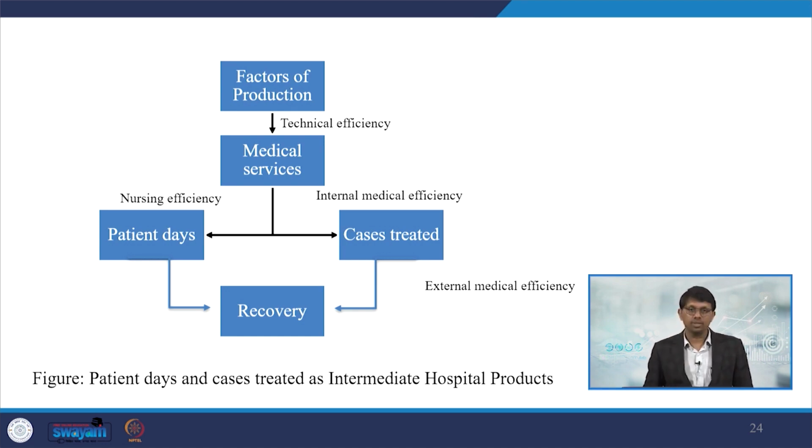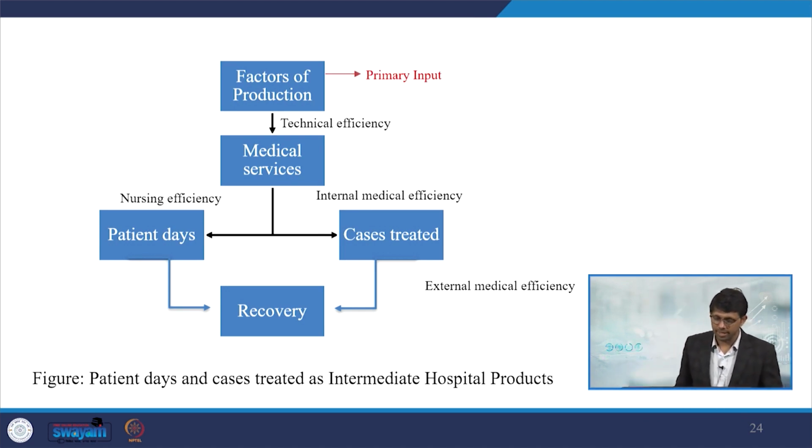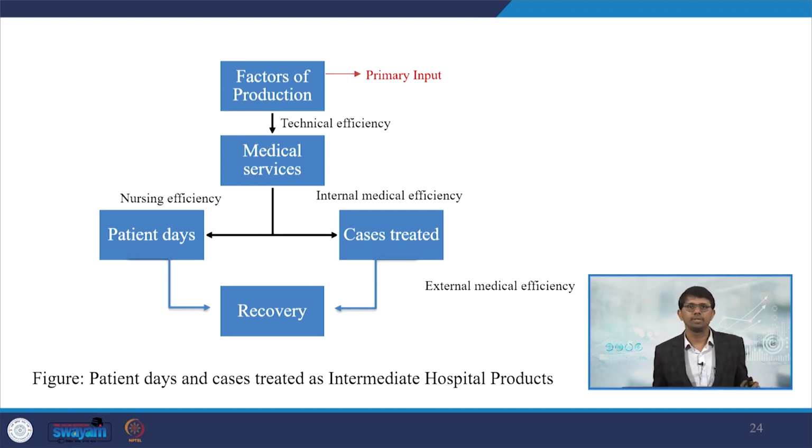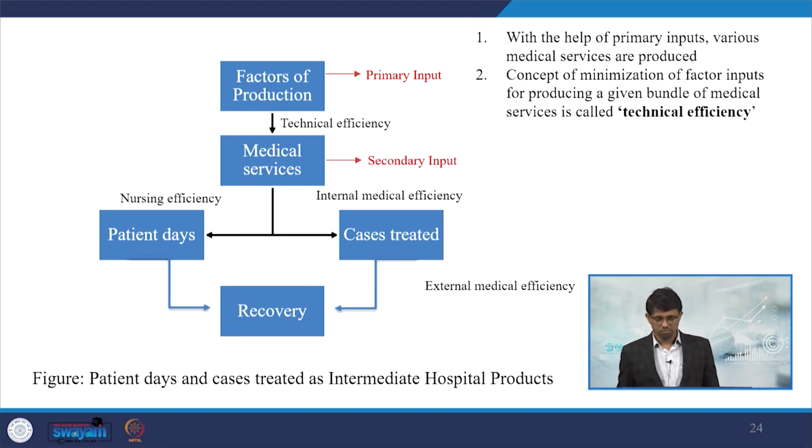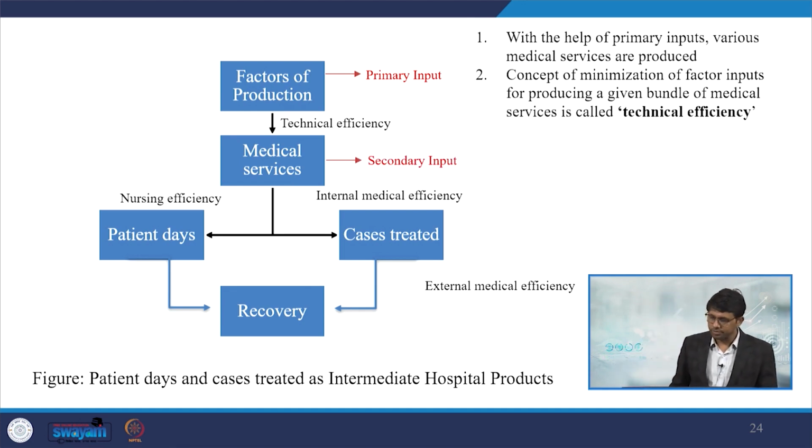So, starting with factors of production, in our efficiency analysis unit you will find the difference between these: the overall technical efficiency, starting from a primary input to an output, where we discuss various forms of primary inputs.